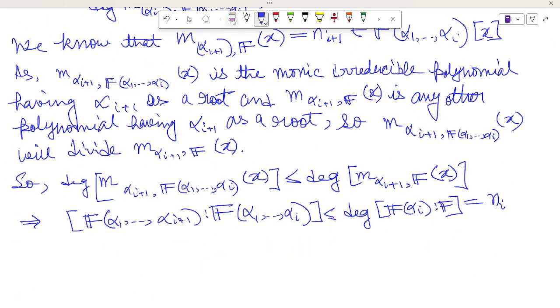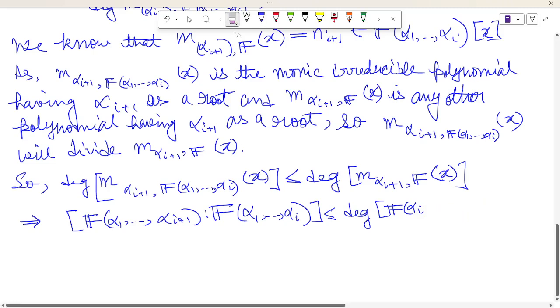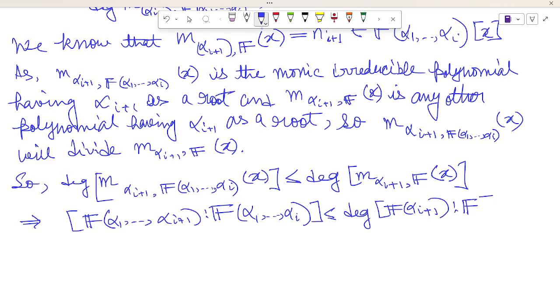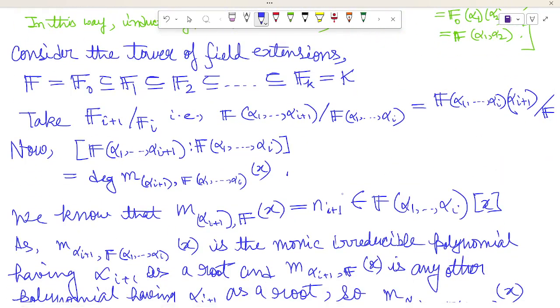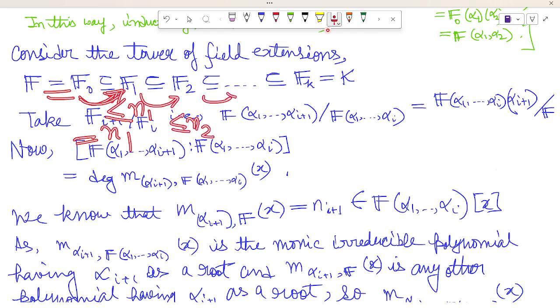Sorry, it is alpha i plus 1 colon F. So if we apply this at each step, then I will get this degree is less than or equal to n1, which is actually equal to n1 because it is over F. This is less than or equal to n2, less than or equal to n3, dot dot dot, less than or equal to nk.